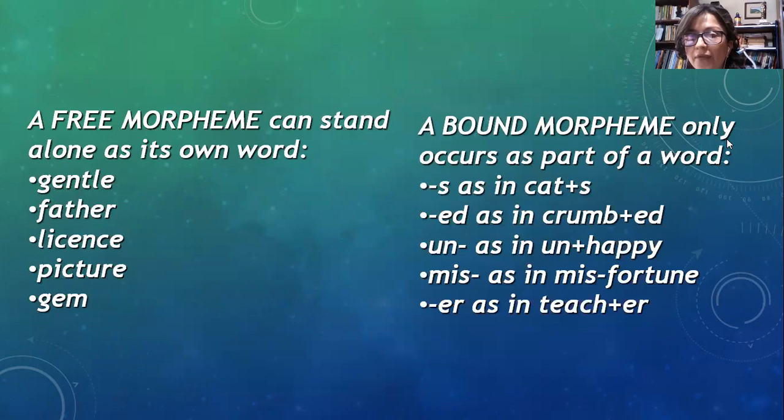In the case of a bound morpheme, it only occurs as part of a word. It means that the morpheme alone doesn't have a meaning. Some examples: S, as in cat. Cat plus S forms the word cats.